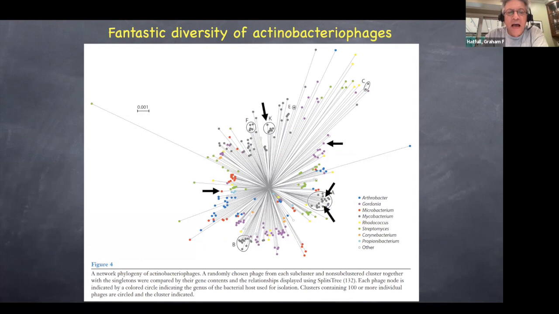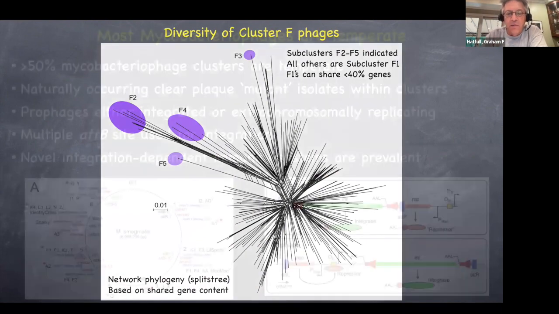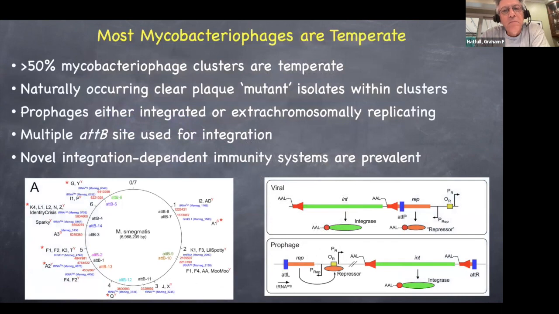And if you drill down into some of these clusters, this is cluster F. For what it's worth, it's highly diverse. In this subcluster F1, you can easily identify a pair of phages when you compare them, which share about 40% of their genes overall. So substantial diversity all across this spectrum.